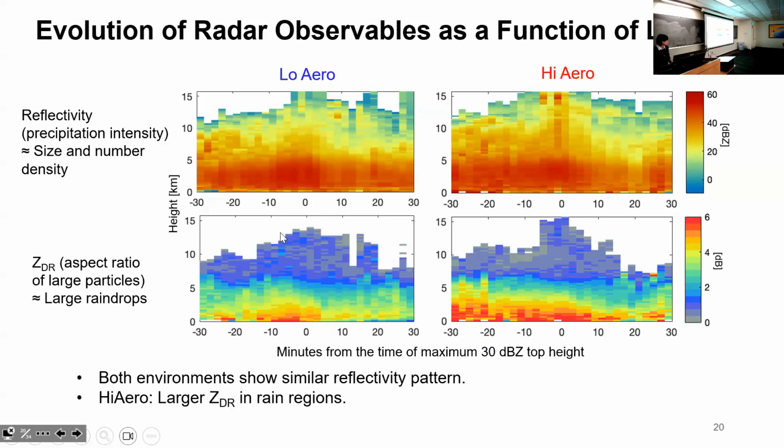But ZDR shows this clear difference. As you can see, the ZDR is higher for high aerosol environment at a given time. And the large ZDR is particularly at lower altitude, below 5 kilometers. This should correspond to raindrop size distribution.